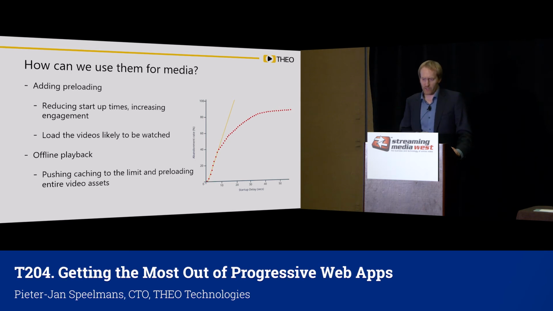For example, in one of the tests that we did with one of our customers, they had a 4K file, which was running at, I think, like 10 megabit per second. And on a decent network, it would take them like 5, 6, 7 seconds to actually start playback of that asset. When they used preloading with progressive web apps, it basically reduced that time to only a few hundred milliseconds.